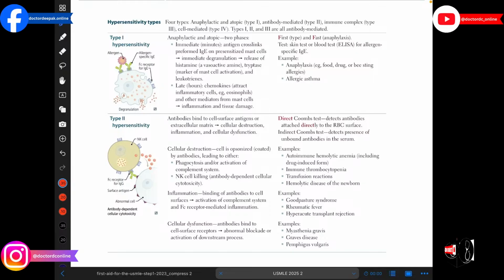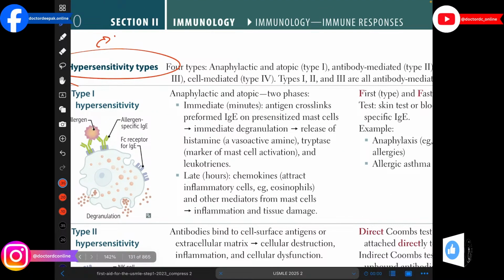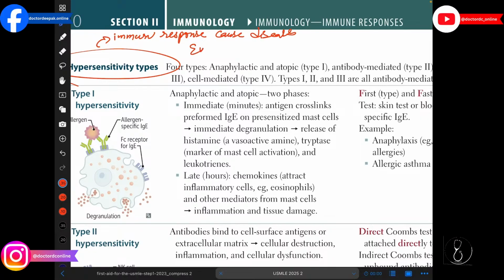Now we are going to start with the hypersensitivity types. Hypersensitivity is immune responses that cause disease, and they are exaggerated or inappropriate. They can be allergic reactions, which are a subtype of hypersensitivity.